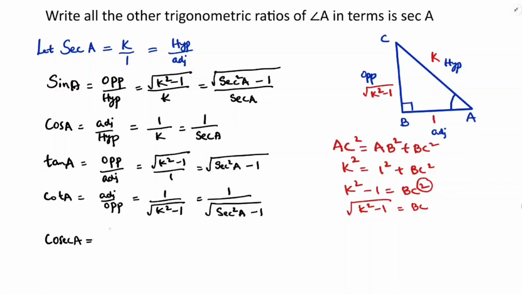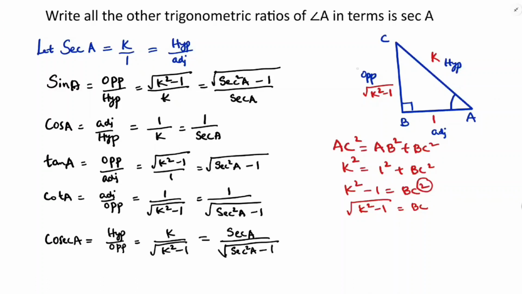Cosec A ratio is hypotenuse by opposite. So hypotenuse is k and opposite is under root k square minus 1. So wherever k is there, I'll write sec A, by under root sec square A minus 1.